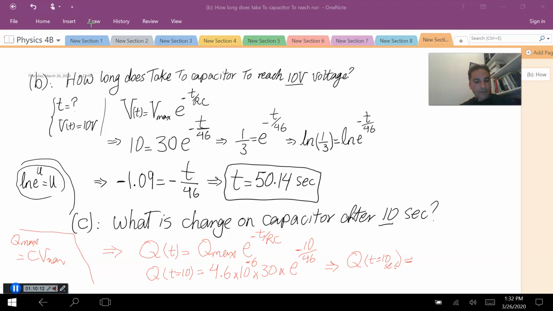Then that number times 10 to negative 6. The answer will be 1.11 times 10 to negative 4 coulombs. This is the charge on the capacitor.